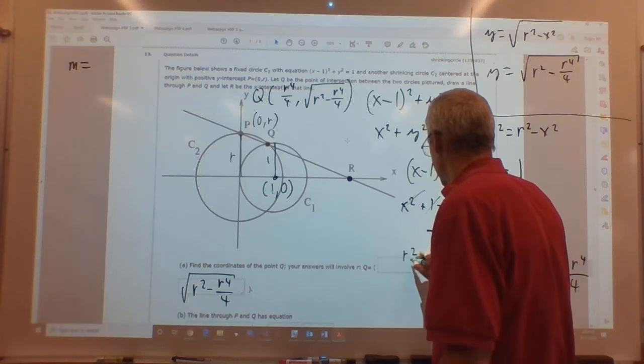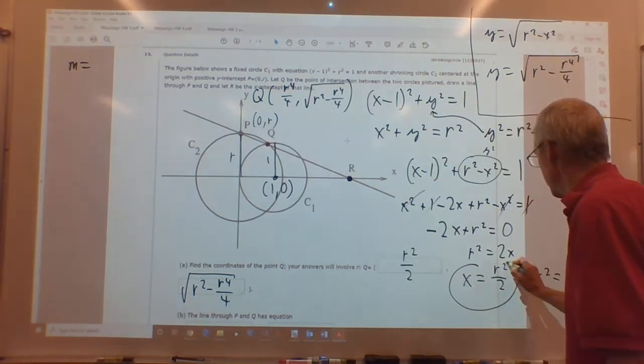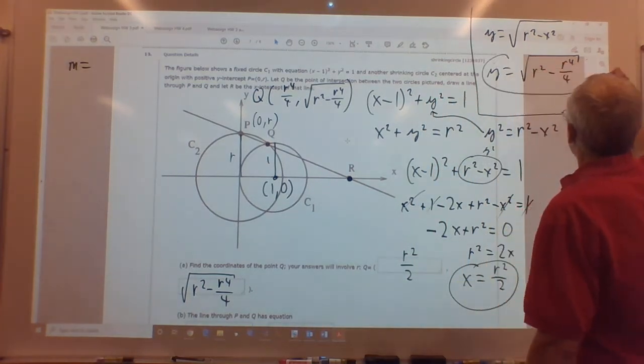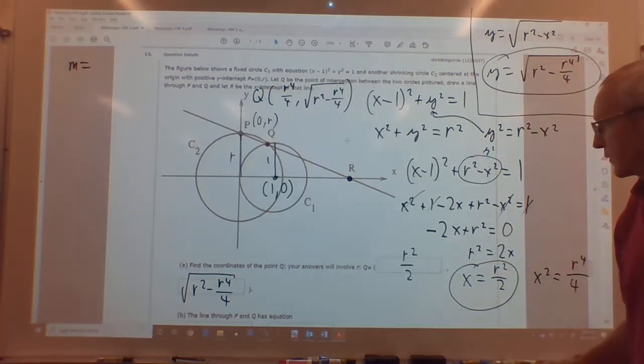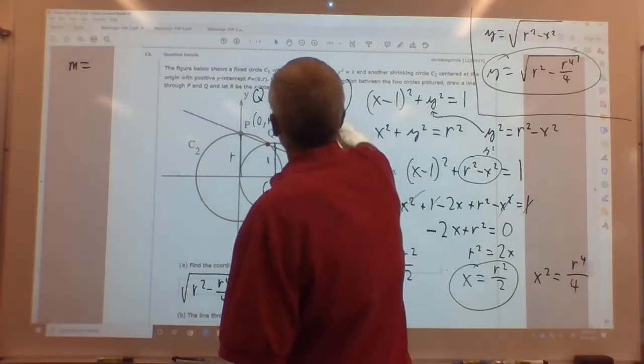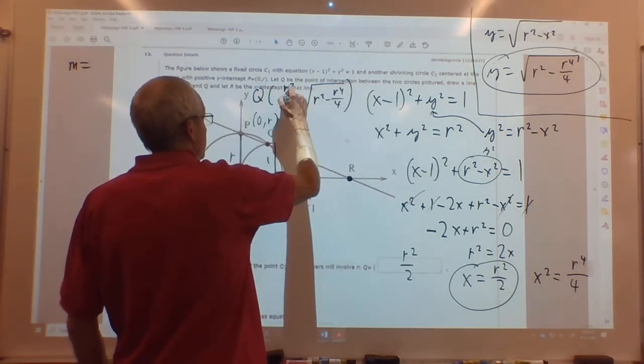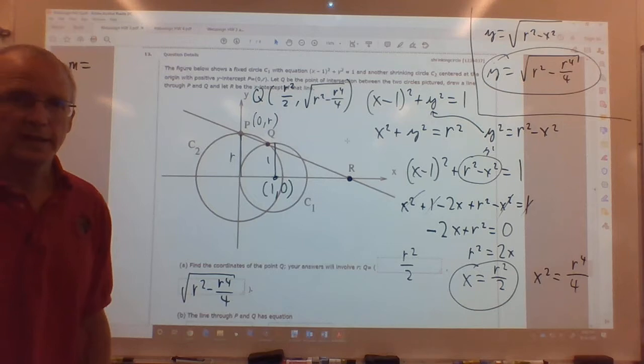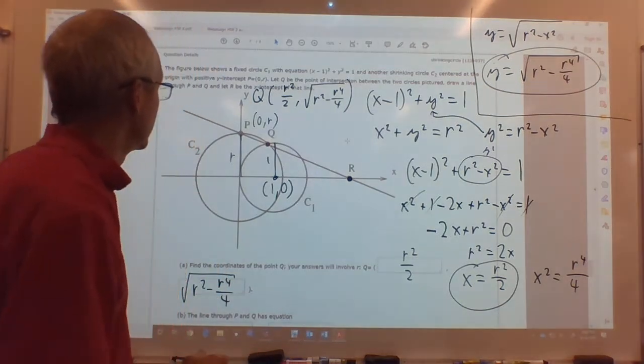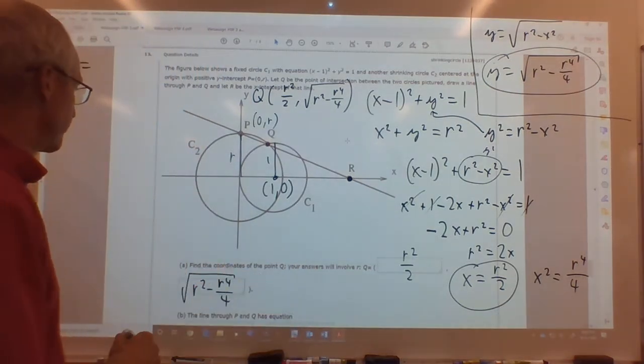That's bad. X is r squared over 2, right? Y is the square root of r squared minus r to the 4th over 4. Okay, that's fine. So this is r squared over 2. Okay, phew, glad I caught that. That'll mess me up later on. I don't have people here to catch me.